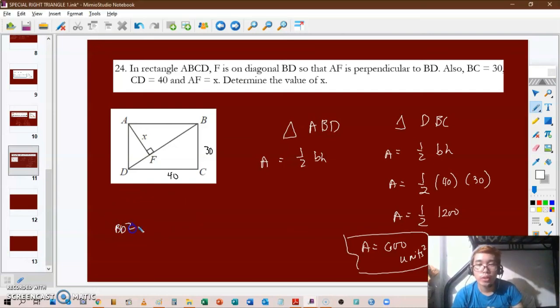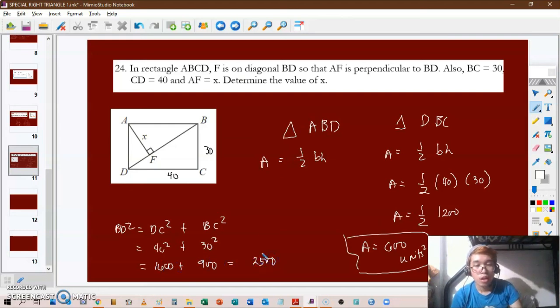So BD squared is equal to DC squared plus BC squared, which is 40 squared plus 30 squared. That gives us 1,600 plus 900, which is 2,500. The square root of 2,500 is equal to 50. Therefore BD is equal to 50.